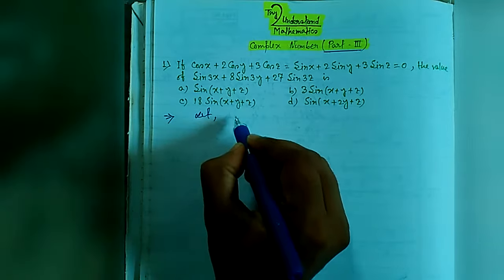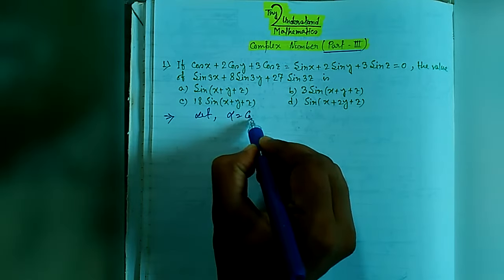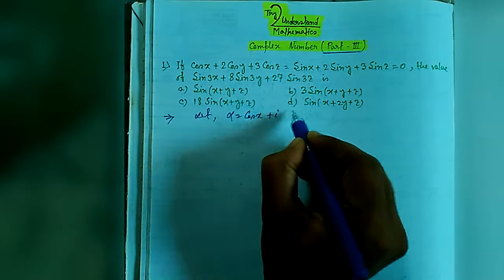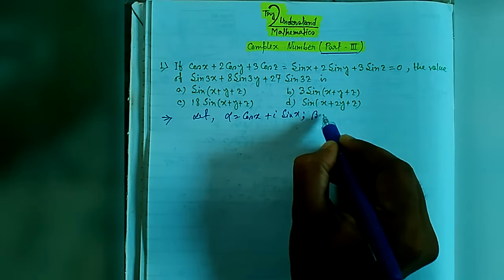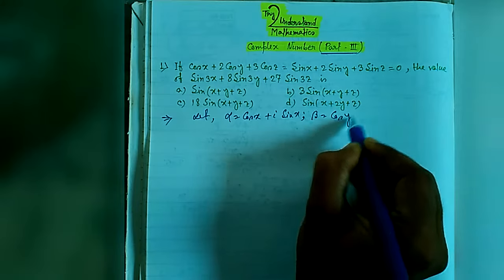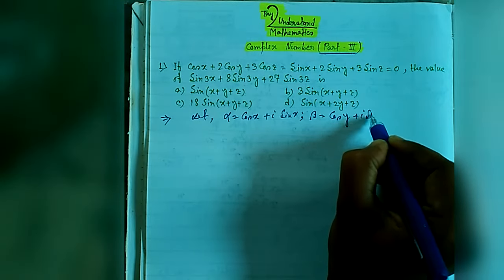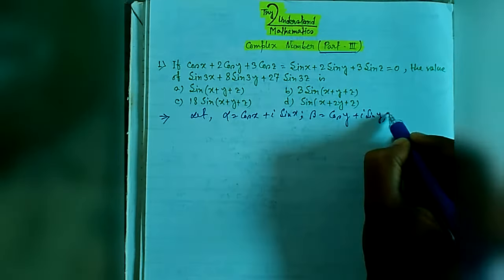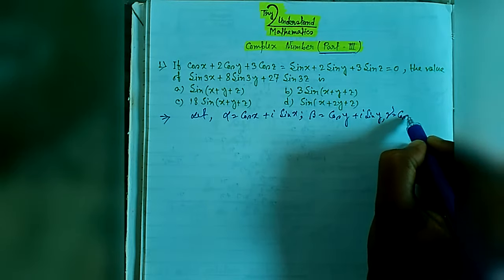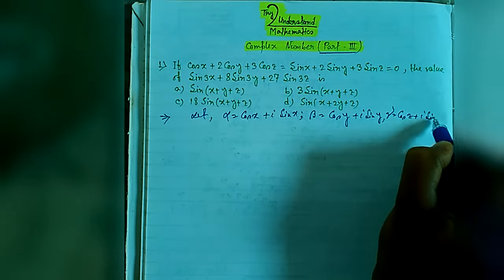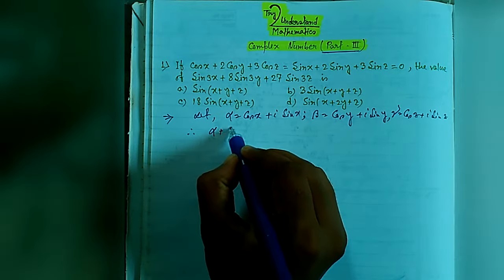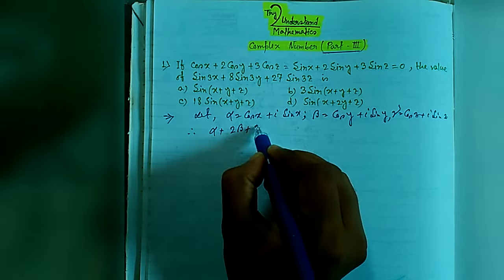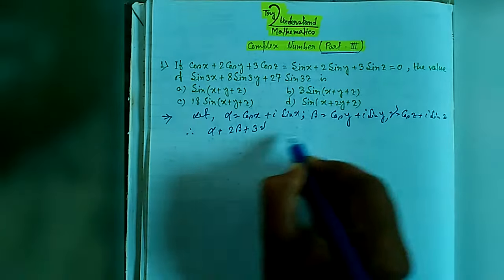Let alpha equal cos x plus i sin x, beta equal cos y plus i sin y, gamma equal cos z plus i sin z. Therefore, alpha plus 2 beta plus 3 gamma will be what?